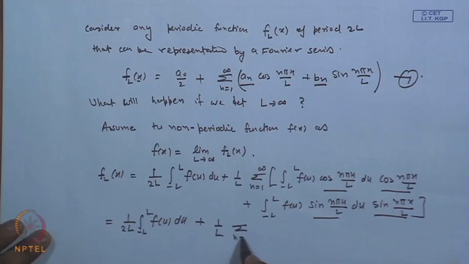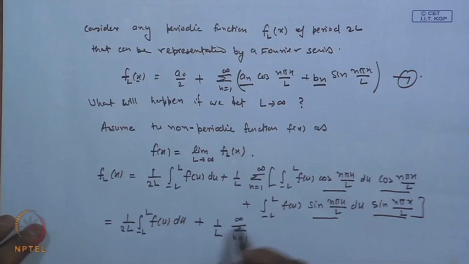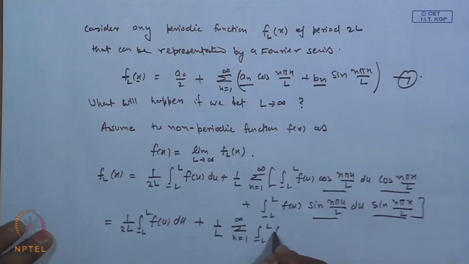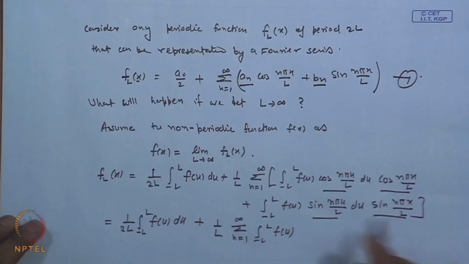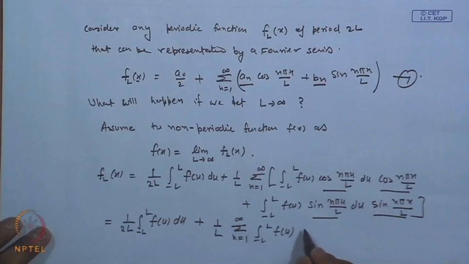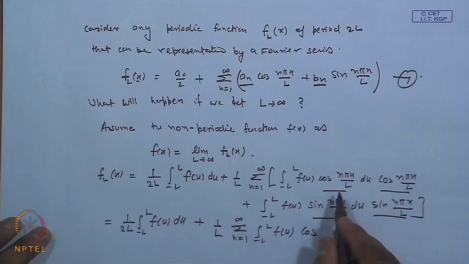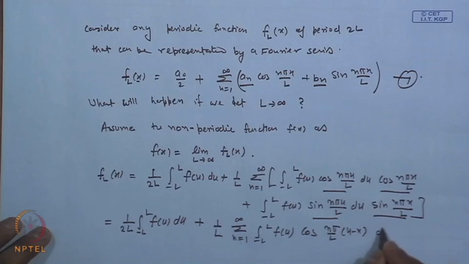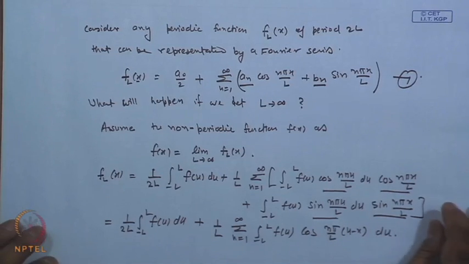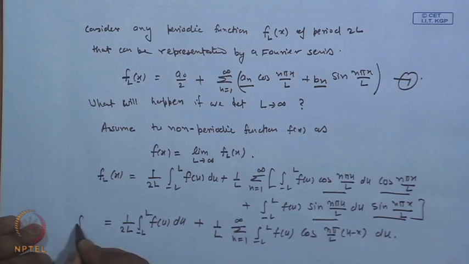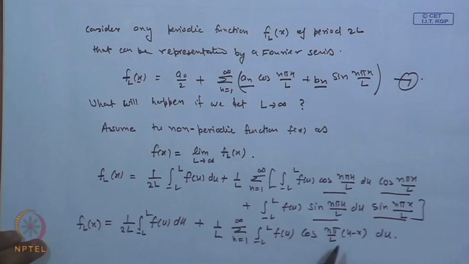So, we have the sum from n = 1 to infinity, and the integral from -L to L; f(u) is common to both the integrals, and here we write cos(a - b), so cos(nπ(u - x)/L) du. So, this is still the Fourier series representation, just rewritten in this form.